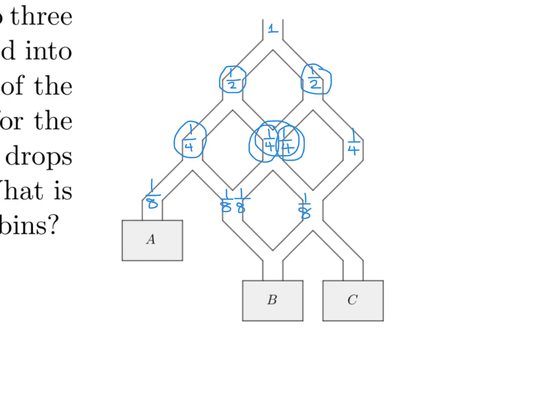This one breaks up equally into an eighth here and an eighth here. This one breaks up equally into an eighth here and an eighth here. And then finally, this one has only one way to go, so it just stays a quarter. Following so far, hopefully? And then whatever is here goes into A, so there's a 1/8 probability.